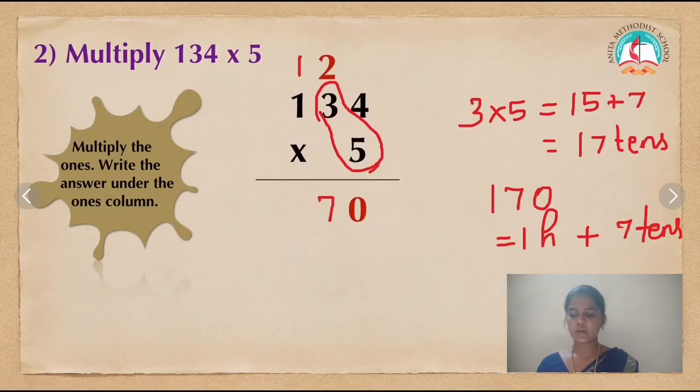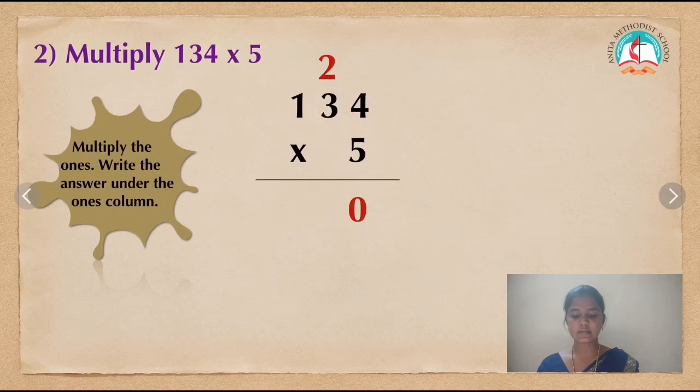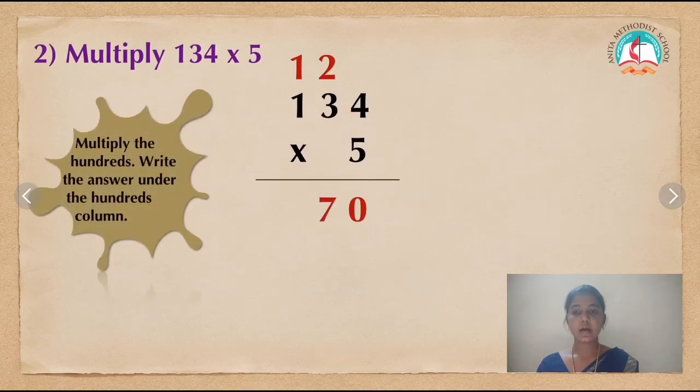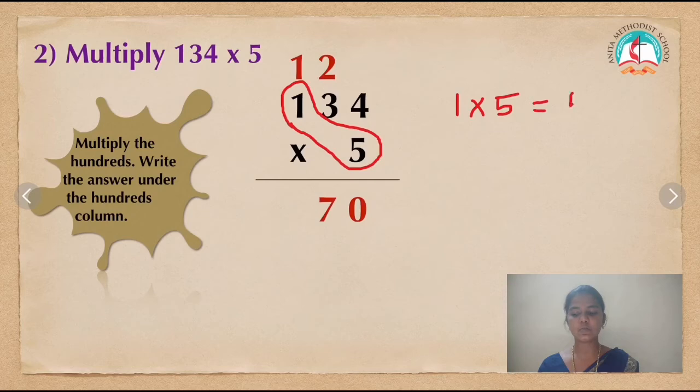Okay, so now we will do the next step, hundreds place. Now we are going to multiply the hundreds place with the given digit. Okay, so in the hundreds place I have 1, then the given digit is 5. So 1 times 5 equals 5. So already I have the carry over, that is 1. So 5 plus 1 equals 6.